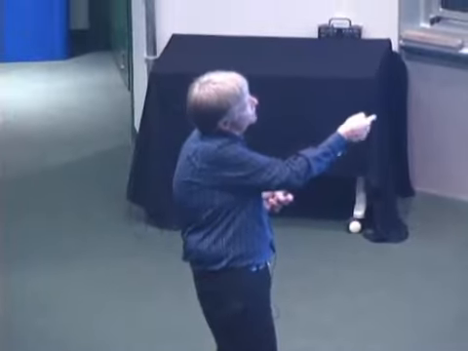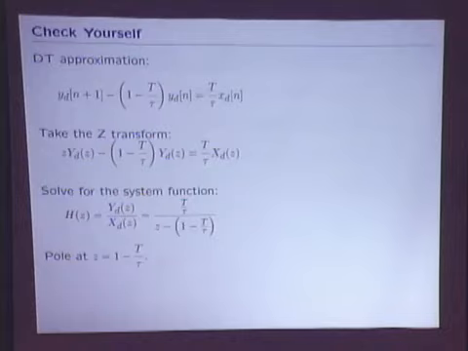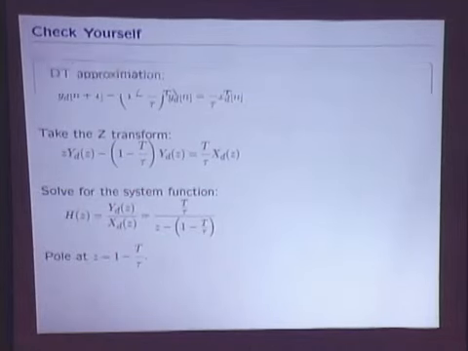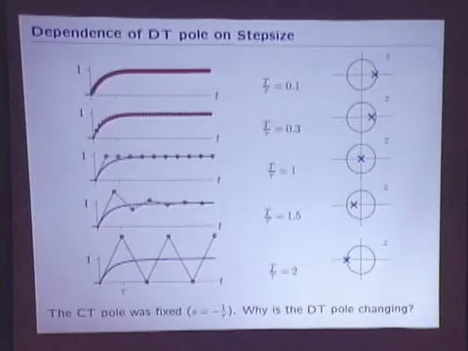Delay is multiplied by z to the minus 1, so advance is multiplied by z. So you can take the z-transform of the difference equation to derive the z-transform of the system function. And then clearly there's a pole here at z equals 1 minus T over tau. So the answer was number 2.